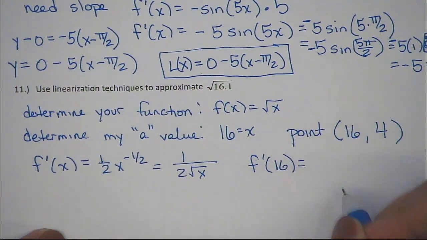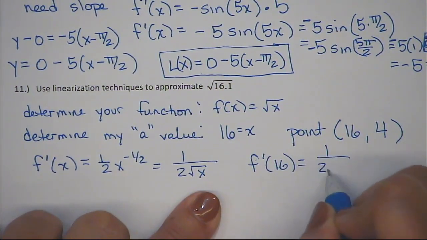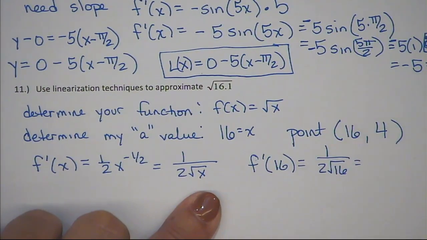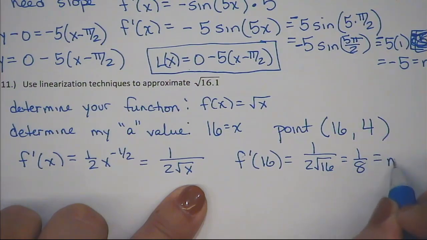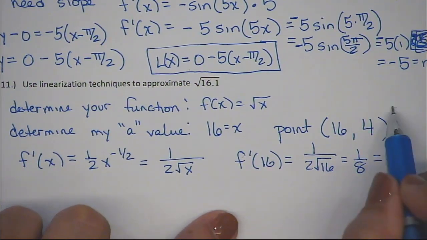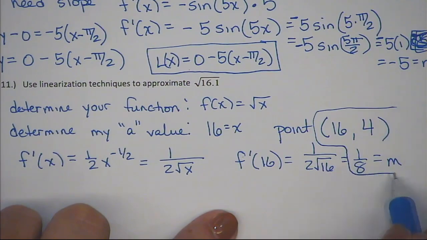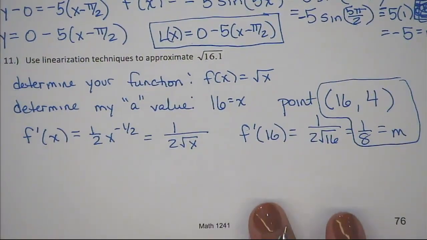So we're going to do 1 over 2 square root of 16. That's 1 over 2 times 4, so 1/8. So there's our slope. All right, so here's the stuff I need, always.